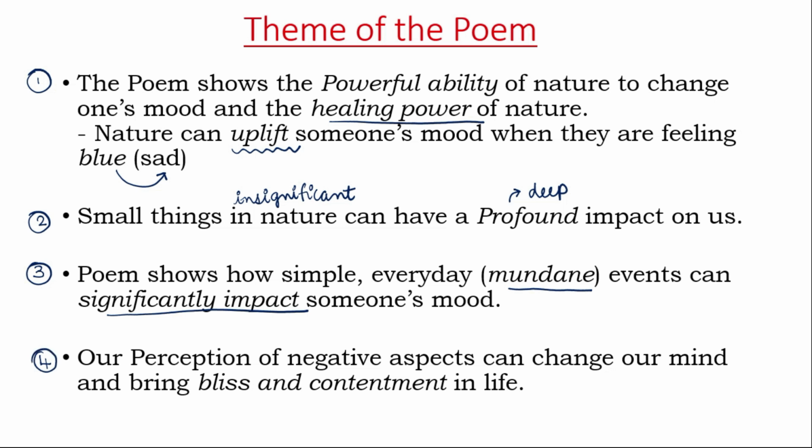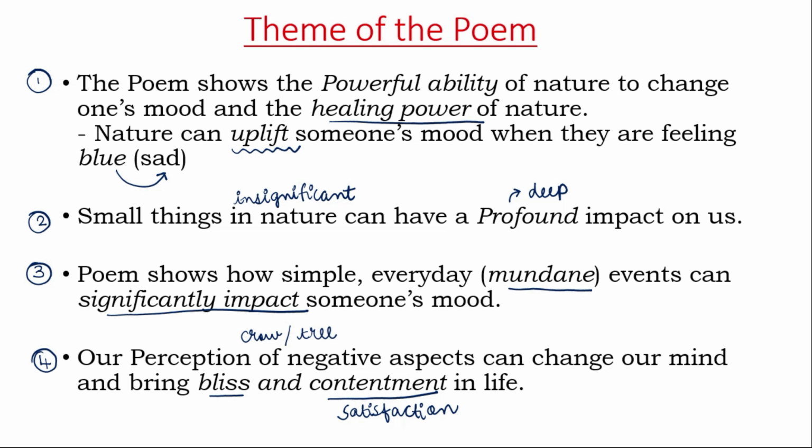And the fourth one: our perception of negative aspects can change our mind and bring bliss and contentment in life. Contentment means satisfaction. So here we consider the crow and the hemlock tree as something negative. It is inauspicious.